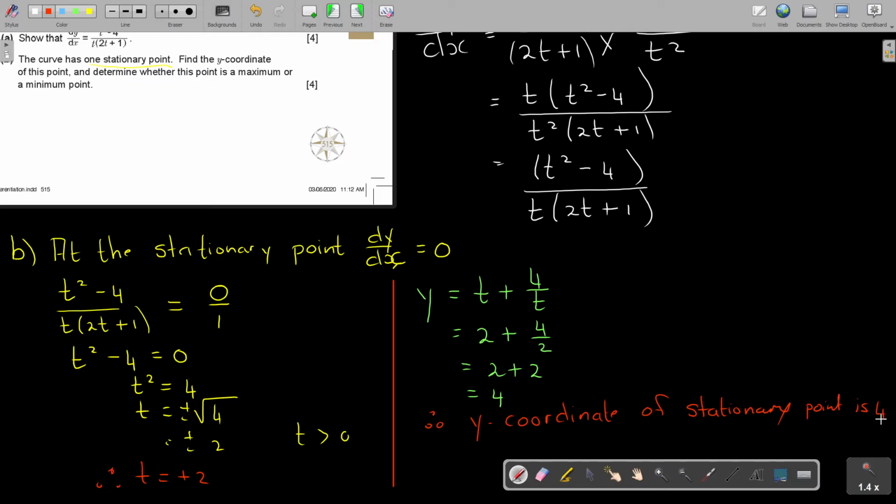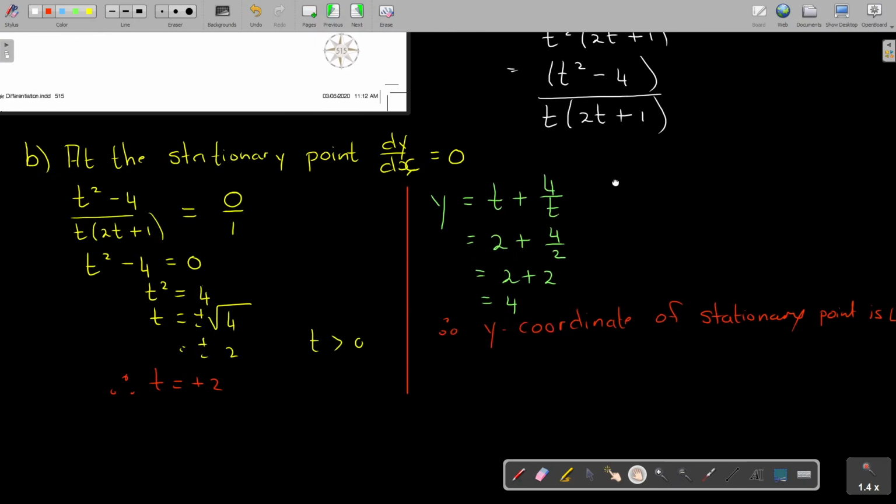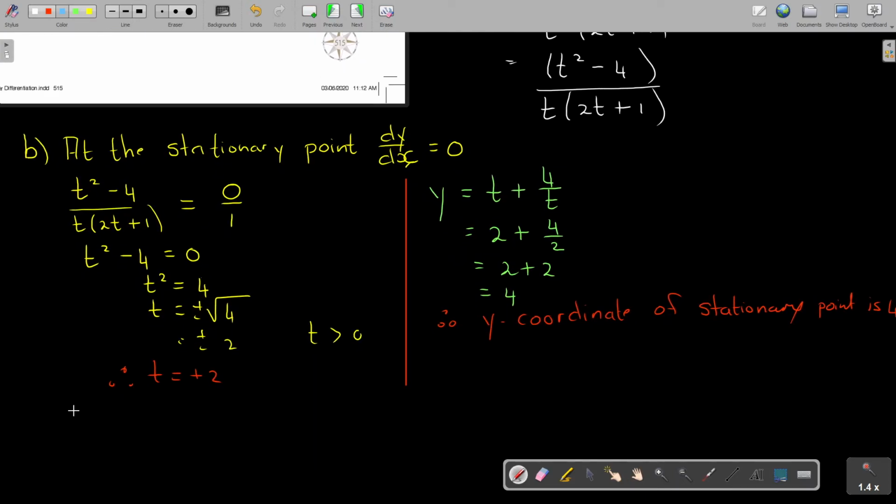Now I determine whether this point is a maximum or a minimum point. This is what you do with parametric equations, and it's a little bit different from normal stationary points. So I'll say nature of stationary point.